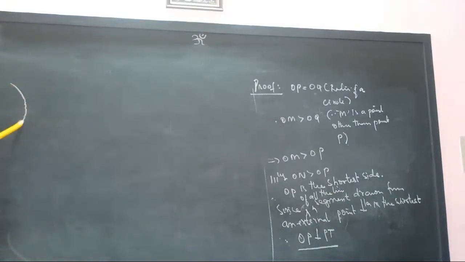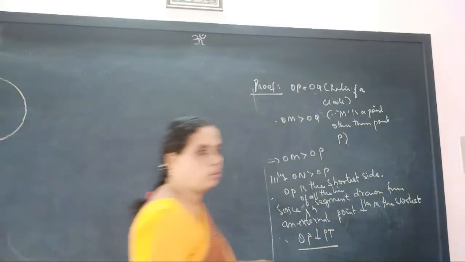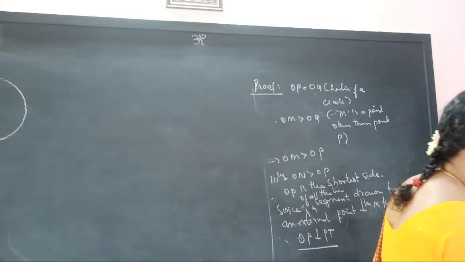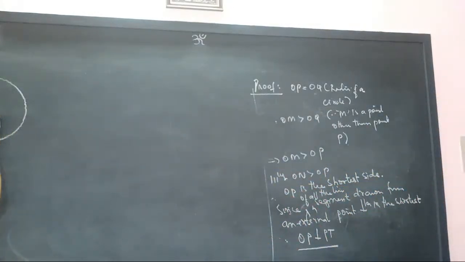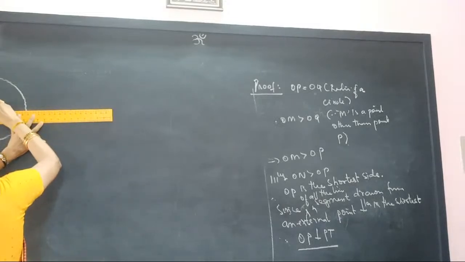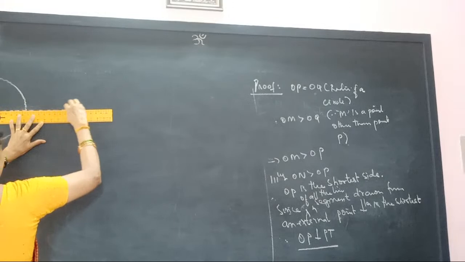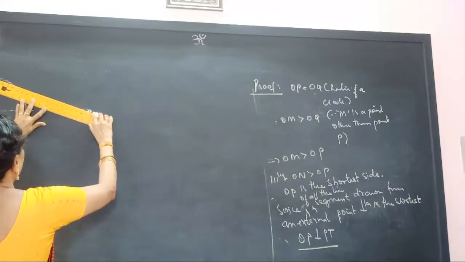Draw a circle of any radius. Take a point P outside the circle. Same concept we have proved as a construction. It is a construction, so I made it as a dotted line.